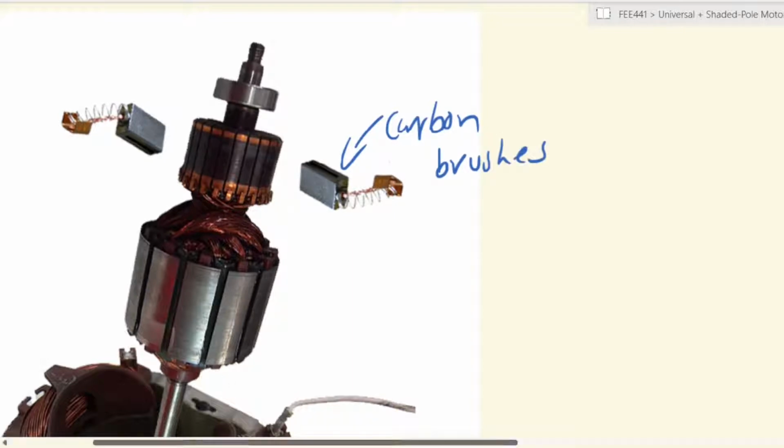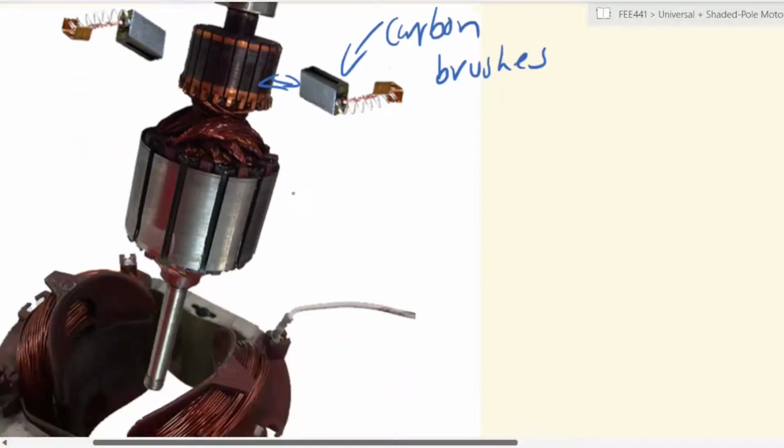And the reason we use carbon brushes is that as the rotor rotates, the commutator and its bars or its elements are rotating, and they maintain a kind of contact with the brushes by the use of carbon. So the carbon is a self-lubricating element that will be able to glide over the commutator and maintain that physical contact through which electrical current can flow, right?